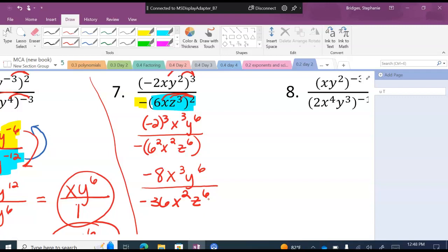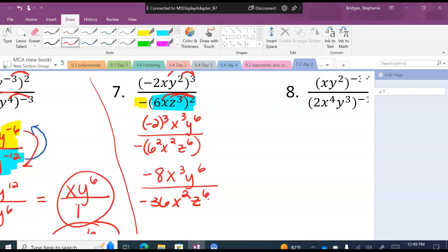Z to the 3rd times z to the 3rd is how many z's? Which is 6. So that's why I get that. You're multiplying your exponents, not adding them at that point. You got it?